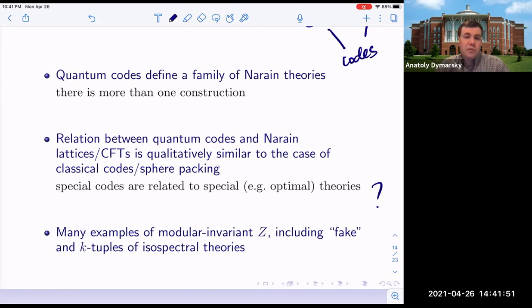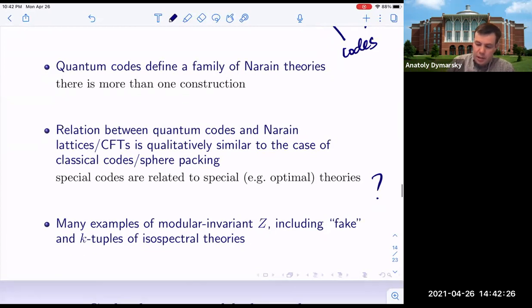Algebraically, it's very special because the symmetry of that CFT goes beyond the geometrical symmetry of the lattice. The question is, do we have a non-chiral counterpart of that story? That's a great question. Of course, we don't have it yet. Otherwise, I would certainly tell you about that example, but such an example may exist. But in general, I think the relation between quantum codes and non-chiral Narain CFTs is qualitatively the same as the relation between classical codes, sphere packing, and chiral CFTs.